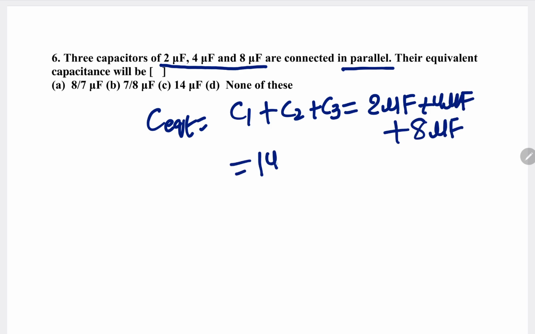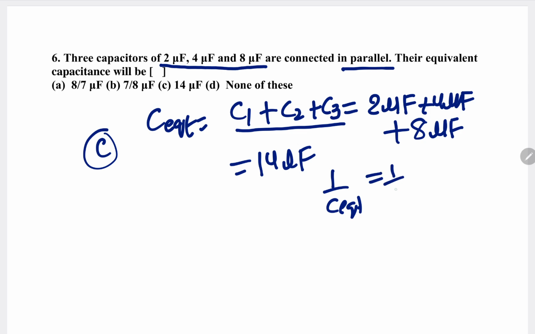So the answer is 14 microfarad, option C. When capacitors are connected in series, 1 by C equivalent is equal to 1 by C1 plus 1 by C2 plus 1 by C3. This is the formula.